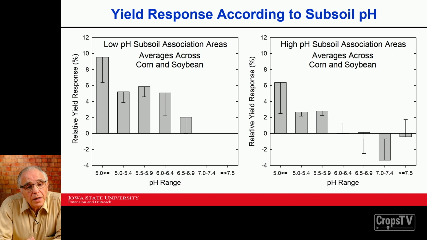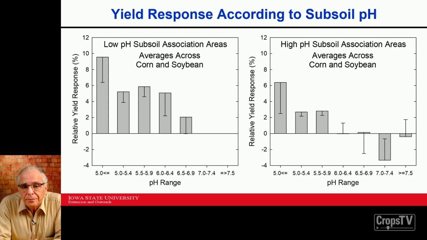Now here we did the same thing across all sites, but we put in the left graph the data for the soil association areas that had low subsoil pH, okay, acidic subsoil pH.